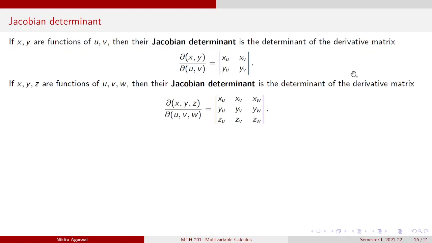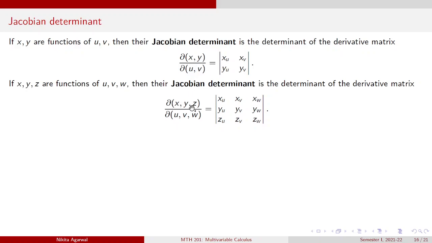And if you have three variables x, y and z which are functions of u, v and w, then this derivative matrix is a 3 by 3 matrix, as you know, and the determinant of that matrix is called the Jacobian determinant. The notation is quite similar to what we had for two variables.